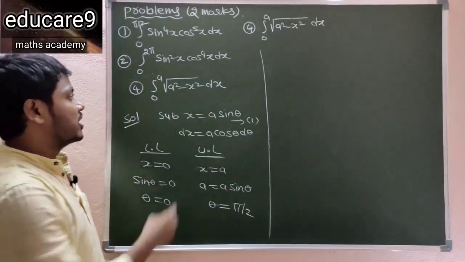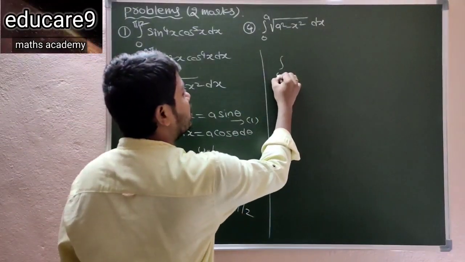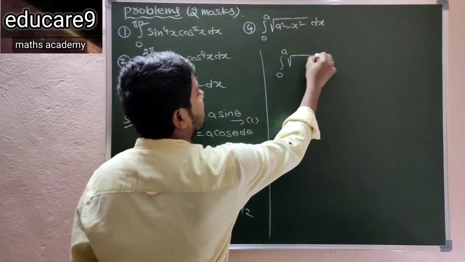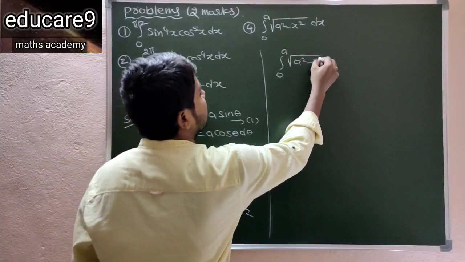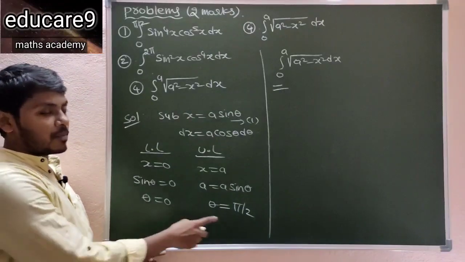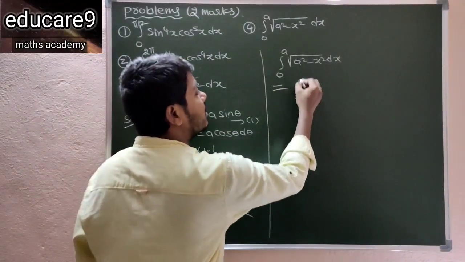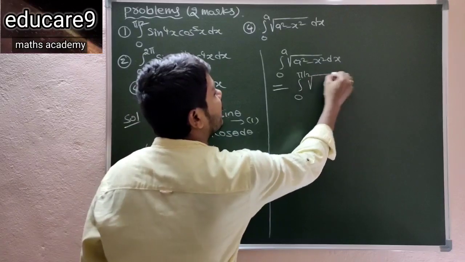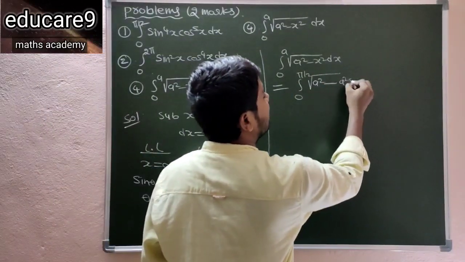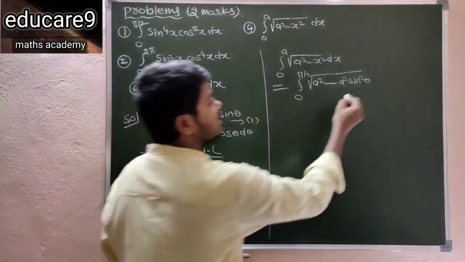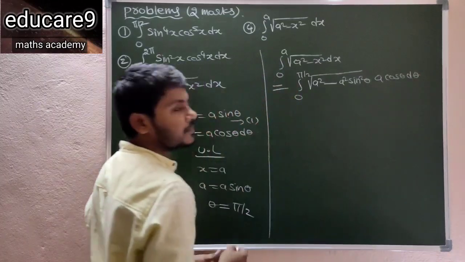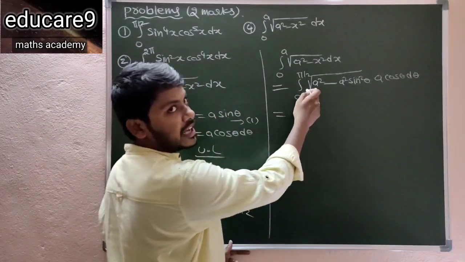Okay. So therefore the given integral, that is 0 to a of the square root of a² − x² dx, can be written with lower limit 0 and upper limit π/2. So the integral from 0 to π/2 of the square root of a² − a² sin²θ into dx, that is a cos θ dθ. Now clearly a² is common.